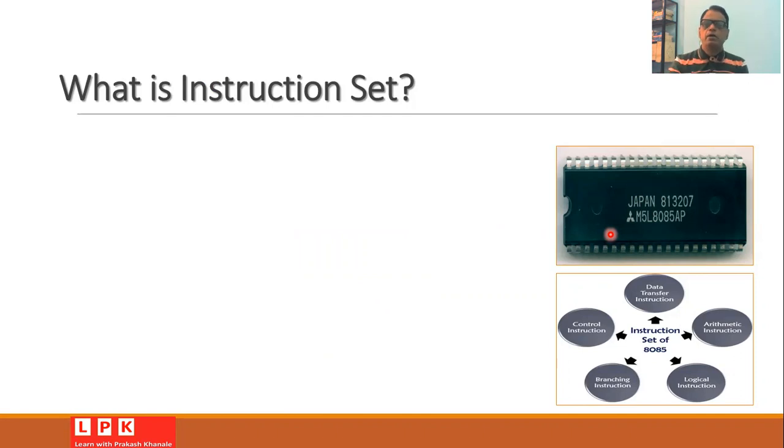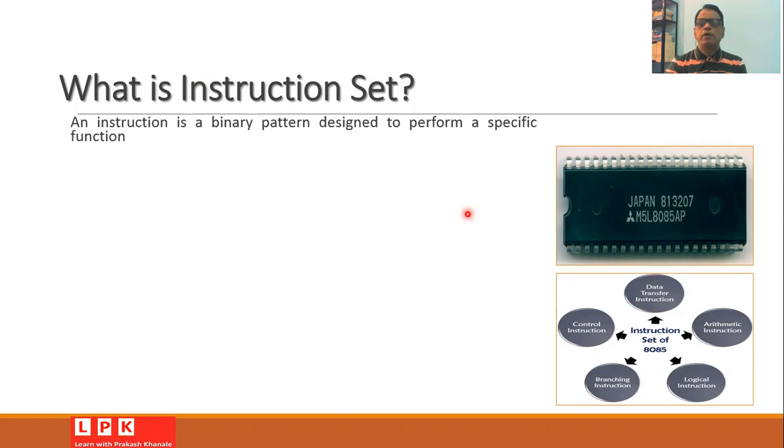And whenever you want to perform any function or any job by using this system, then it is necessary to feed the instructions to the microprocessor to perform a specific task or a job. So every microprocessor will have a certain instruction set, and whenever these instructions are fed to the microprocessor, accordingly the job or task will be performed by the microprocessor.